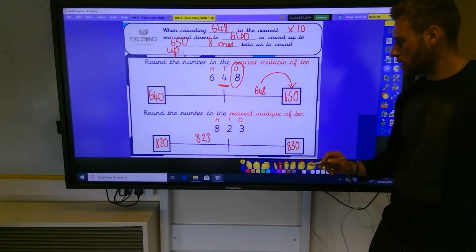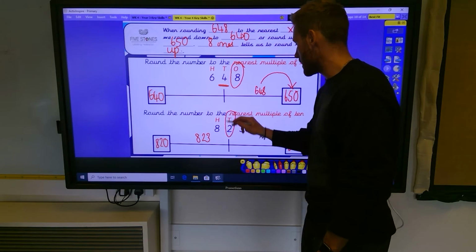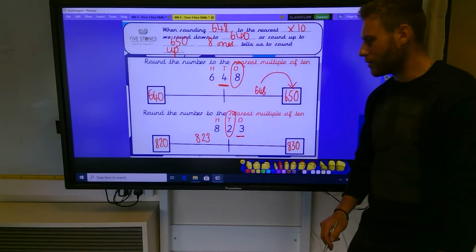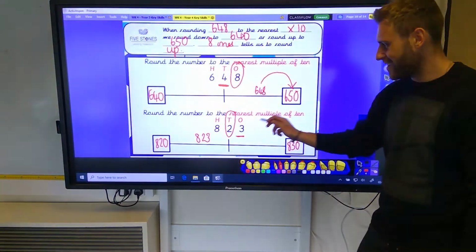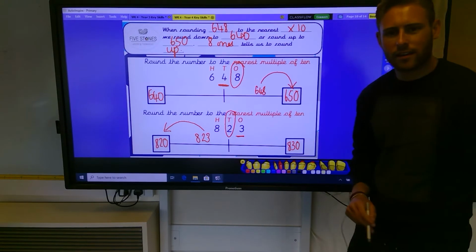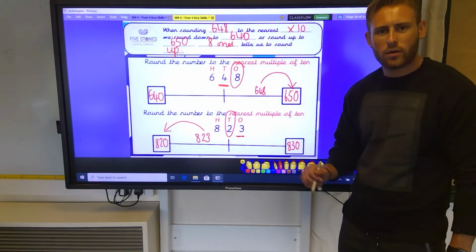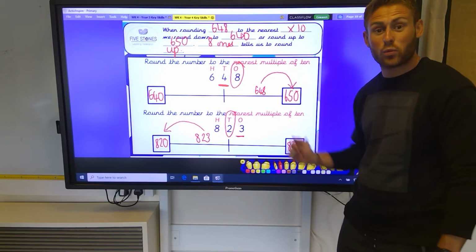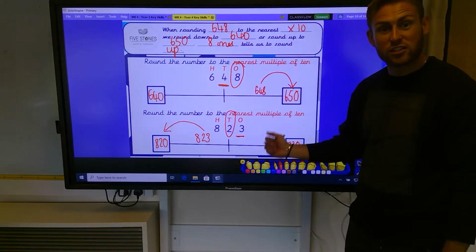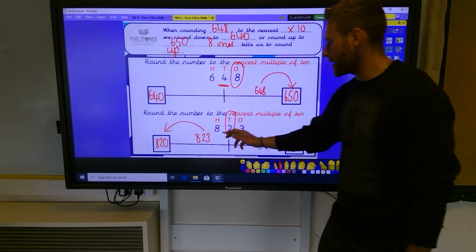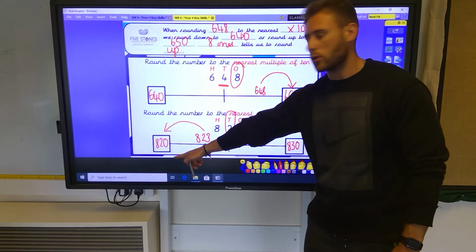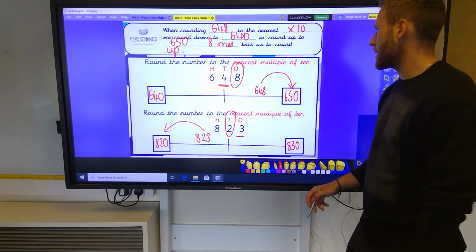So when we're going to the nearest 10, we look now at the ones column. What does it tell us? 3 means it's closer to 820, meaning we need to round down. Fantastic. That's why the rule works, because we can visually see 823 is closer to this multiple of 10, 820.